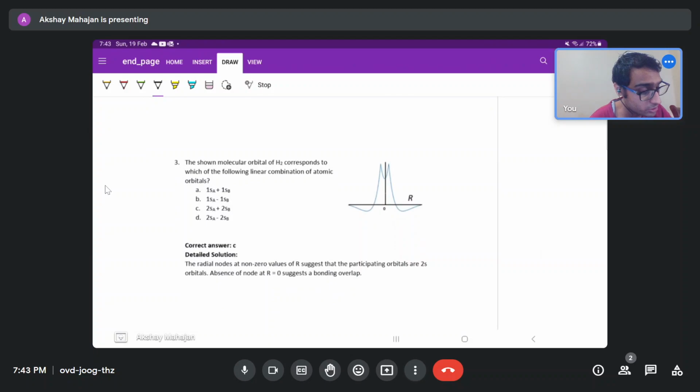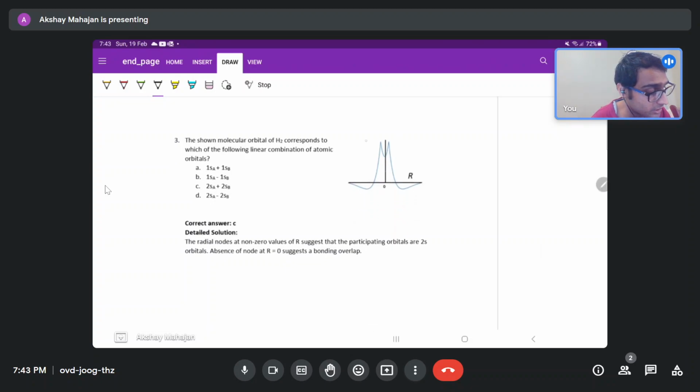Then similarly in question number 3, the molecular orbital of H2 shown corresponds to which of the following linear combinations of atomic orbitals. From here also, first of all, you can see that this is going to be a bonding orbital, because there is charge density at r equals 0. So it could not be these anti-bonding orbitals. And there is a node. Here you can see there are nodes.